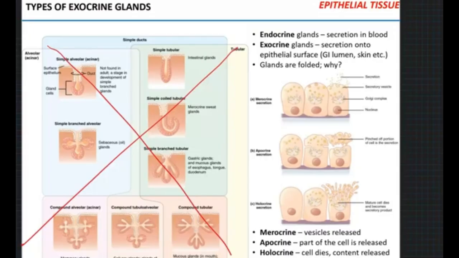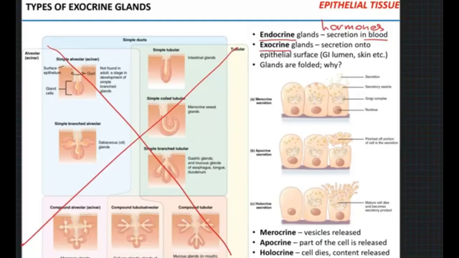What I absolutely want you to understand is the difference between endocrine and exocrine glands, first of all. Endocrine glands always secrete into the blood, and they secrete hormones. Exocrine glands secrete not into the blood.